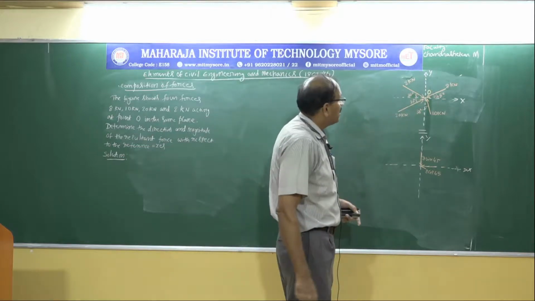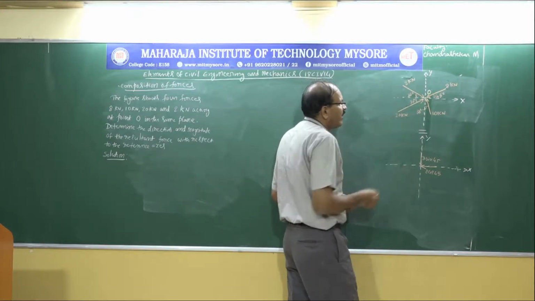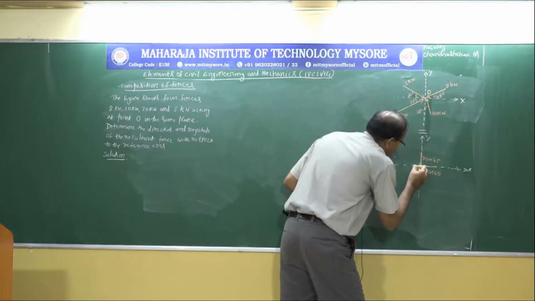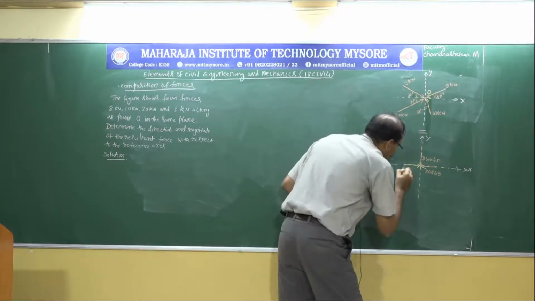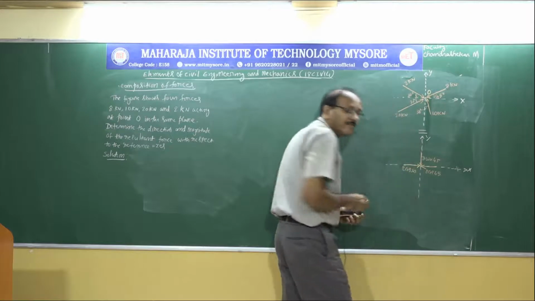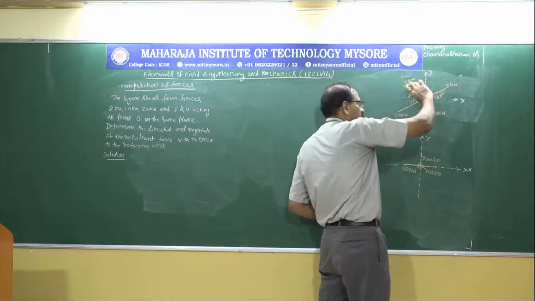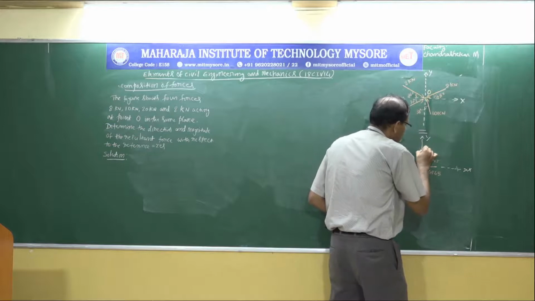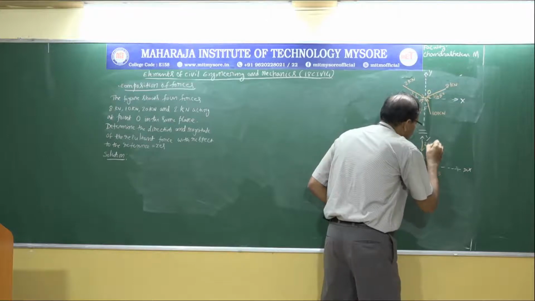Coming to this force, that is 2 kilonewton, the horizontal component is here, acting to the right, 2 cos 30. And how about the vertical component? Again, keep this fixed, move the tail. This is acting downwards. That is 2 sin 30 degrees.